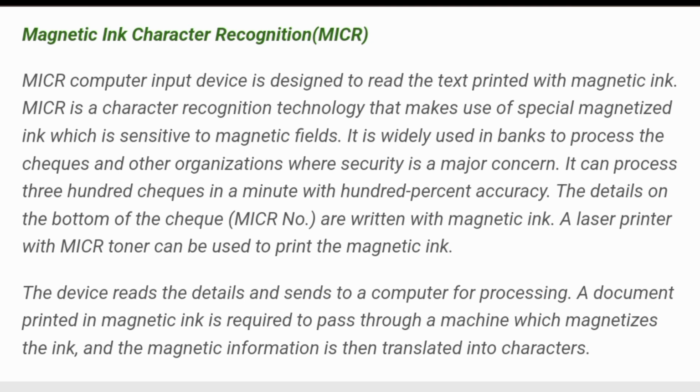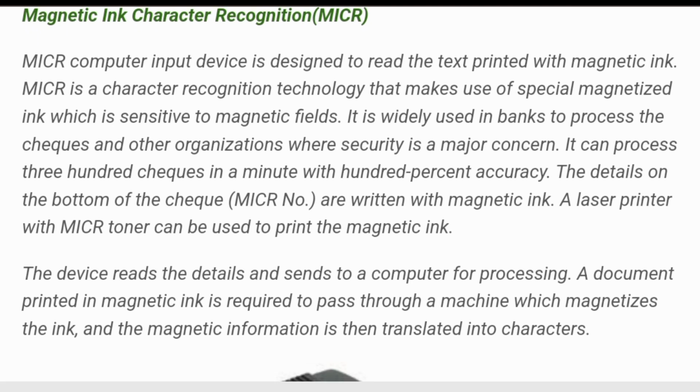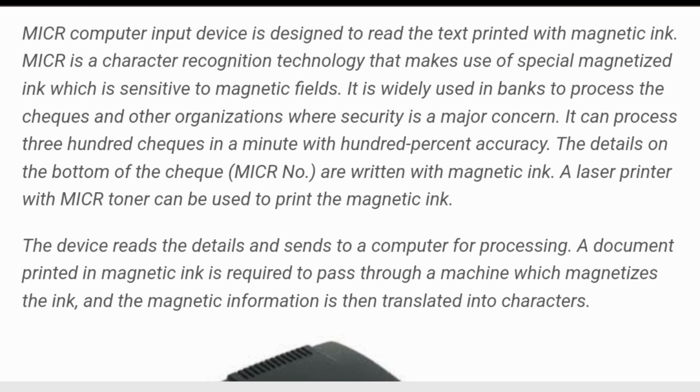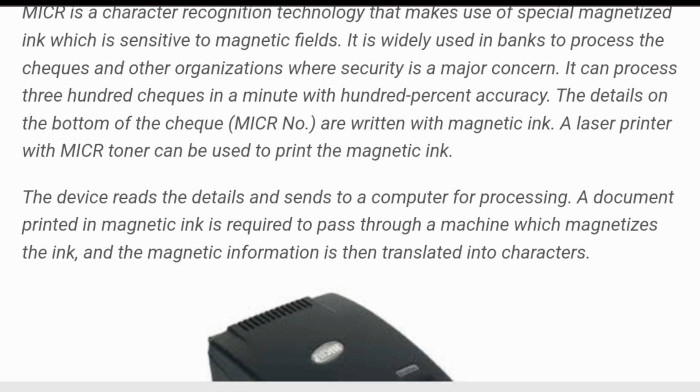It can process 300 checks in a minute with 100% accuracy. The details at the bottom of the check, the MICR number, are written with magnetic ink. A laser printer with MICR toner can be used to print the magnetic ink.